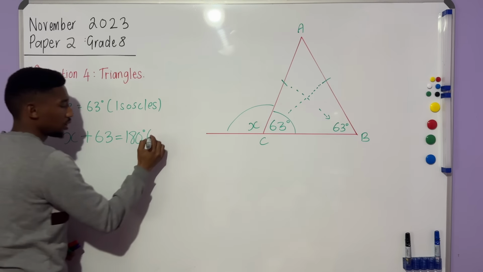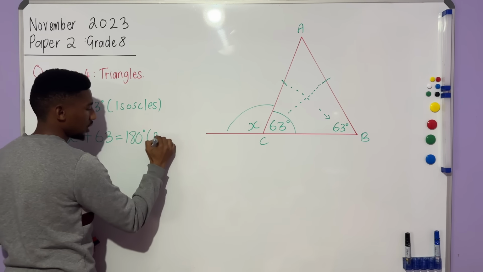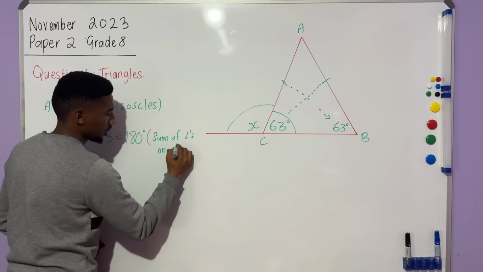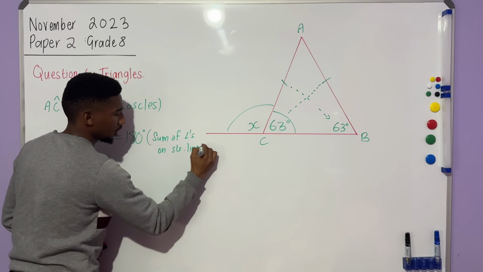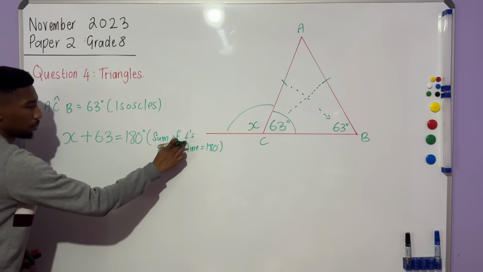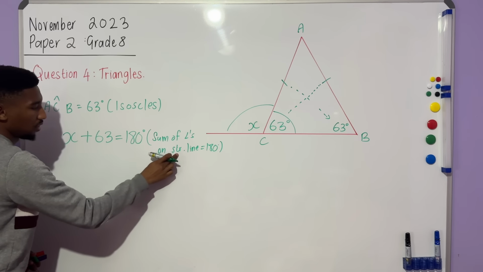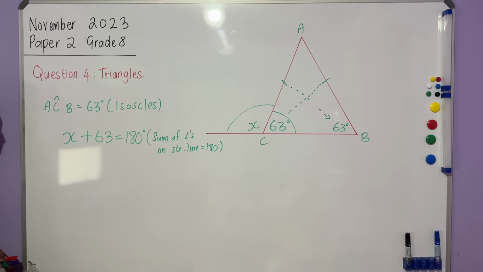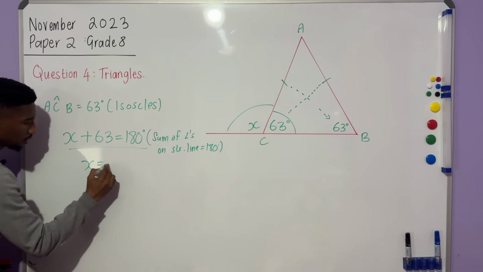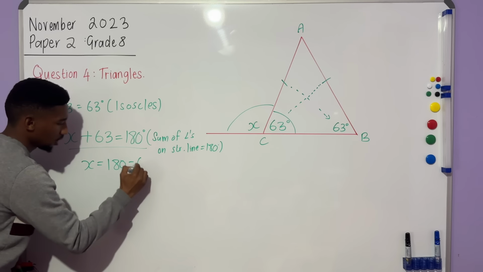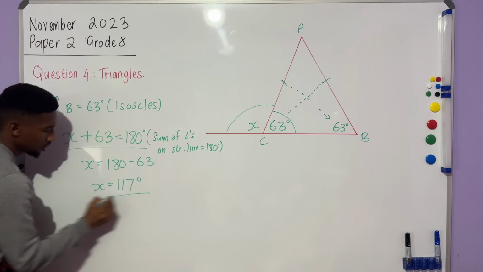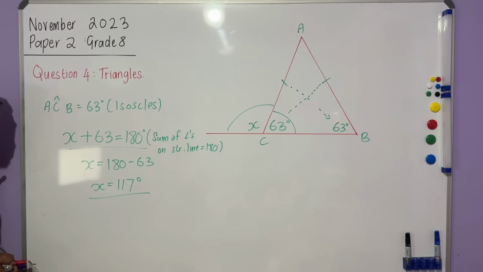And you also have to write your reason: the sum of angles on a straight line equal 180 degrees. It's abbreviation for angle. That is abbreviation for straight line. Okay, this is quite a simple equation. We're going to take 63 over, or do the inverse of 63. That is minus 63, and then x is equal to 117 degrees.